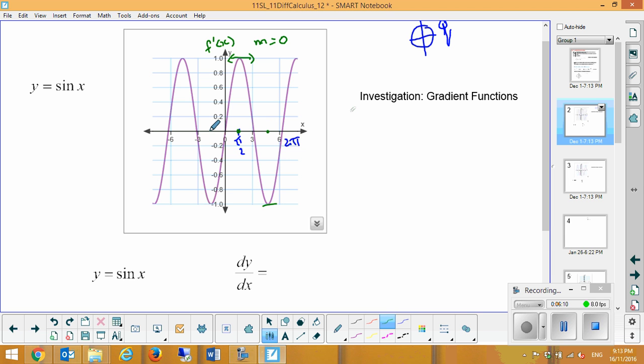Also over here it's 0. When you think of the steepest tangent, here it's 0, and we can see the tangents there getting really steep, and then it's not as steep up here.